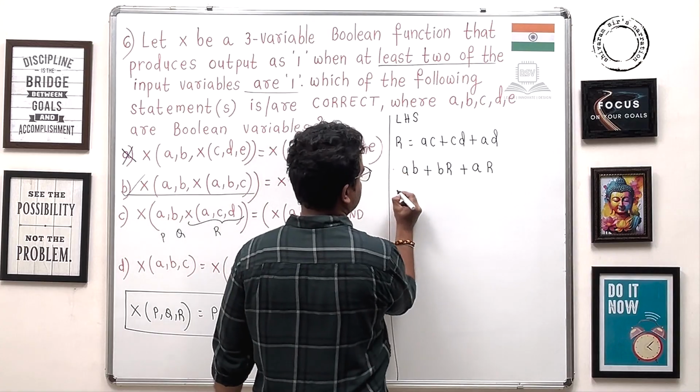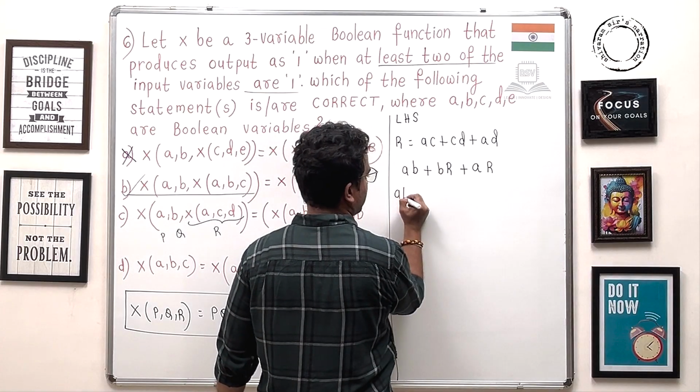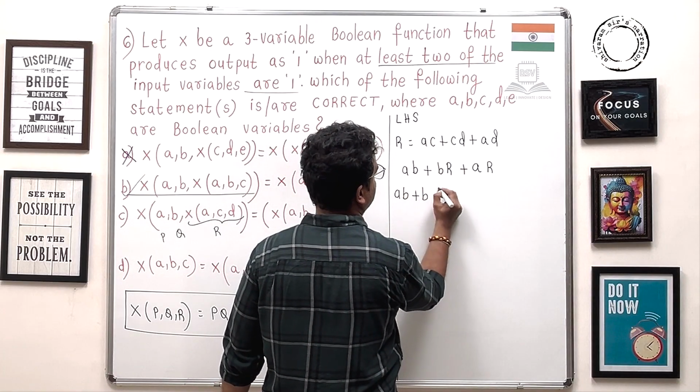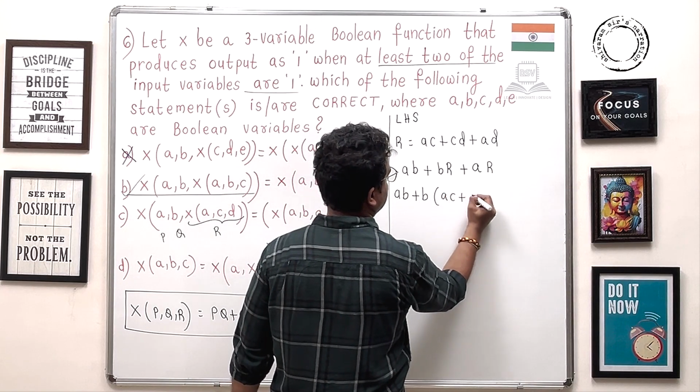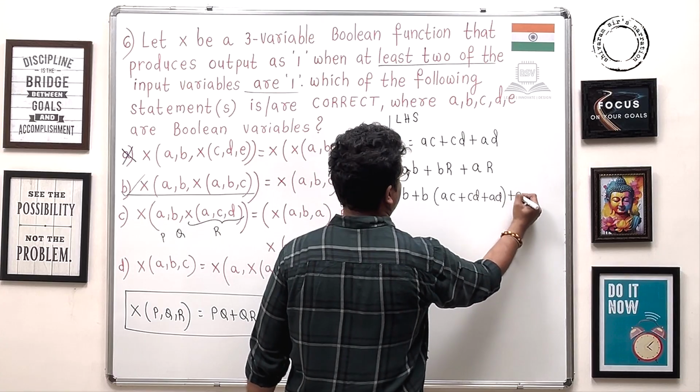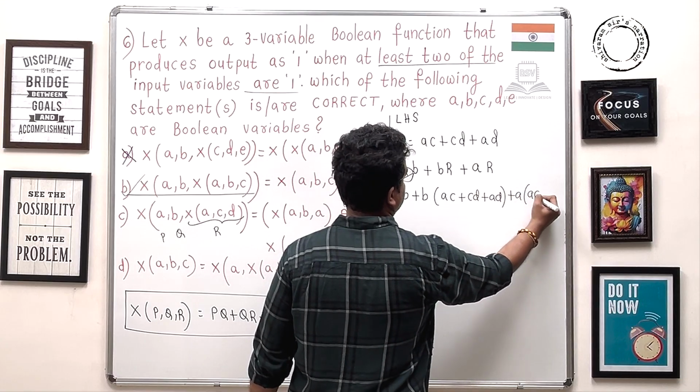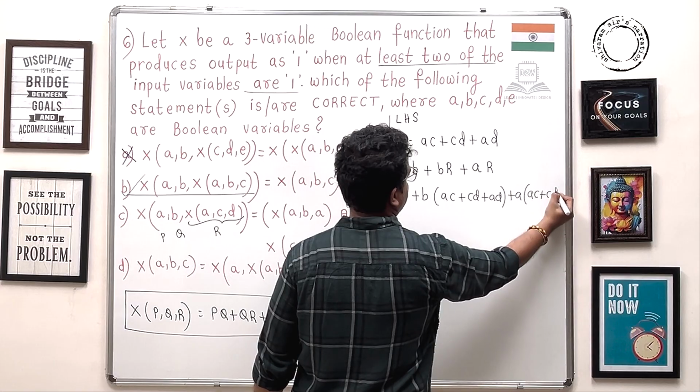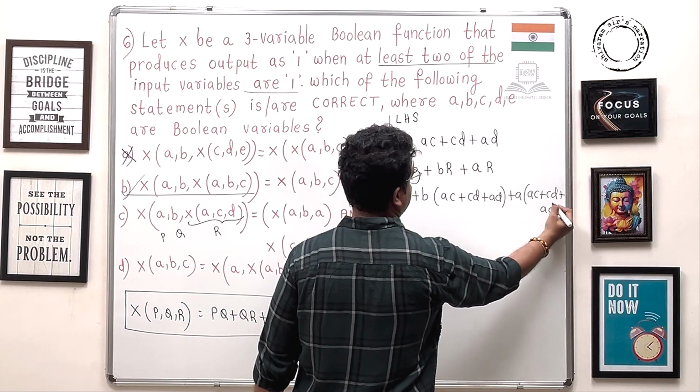Again, it is AB plus B into (AC plus CD plus AD) plus A into (AC plus CD plus AD).